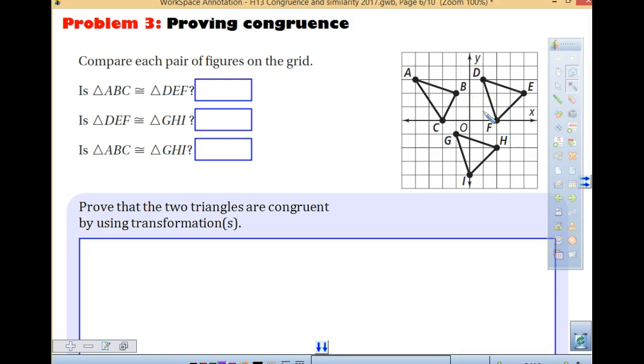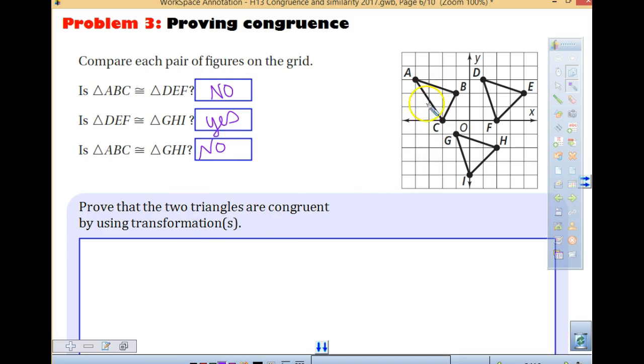No, those 2 are not. Are DEF, going from D to E to F, and GHI: 2, 2, 1, 3, 1, 3, 3, 1. Looks like yes. ABC to GHI, no. Okay, so we can see our yes, we can see our no.